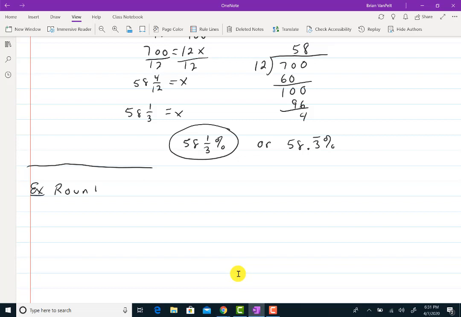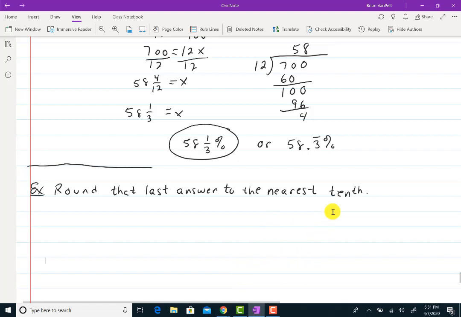Here's some of the questions I've noticed. Round that last answer to the nearest tenth. Interesting that they would want you to round something that I answered with a fraction. So anytime you're talking about a nearest tenth, you're talking about decimals. So I'm going to use this version of the answer, 58.3 bar percent.